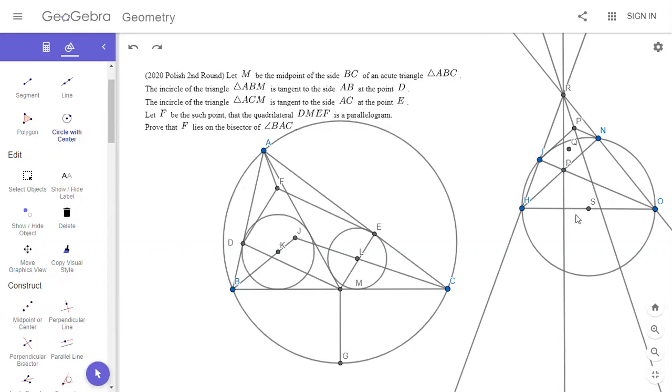I really like this lemma, but I don't think I can use it. Well, you never know.